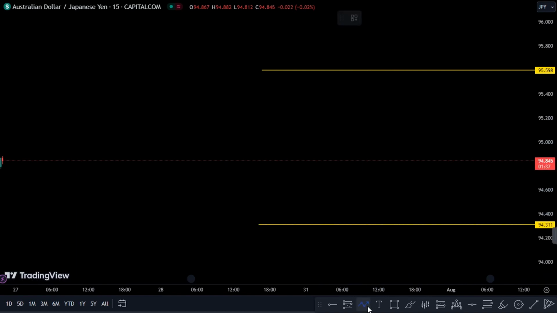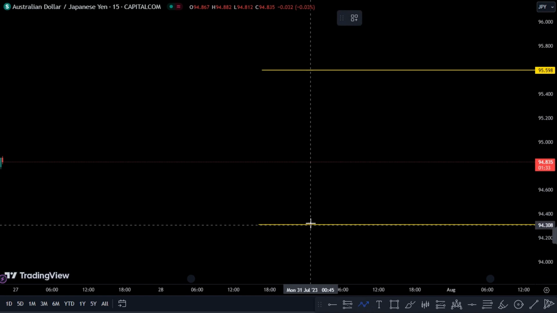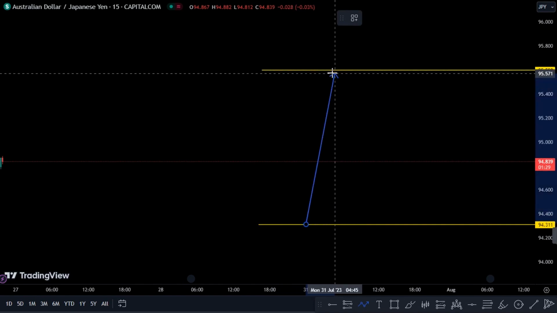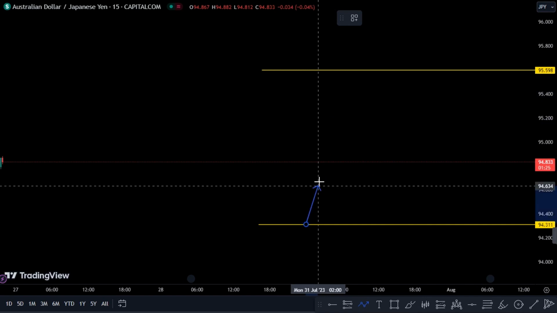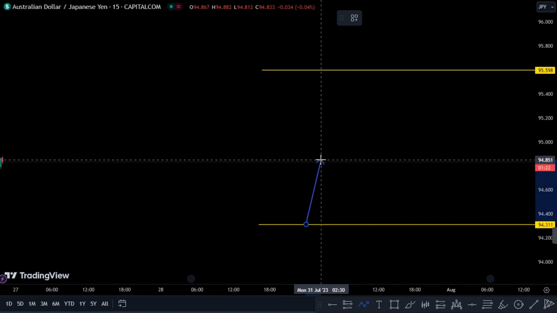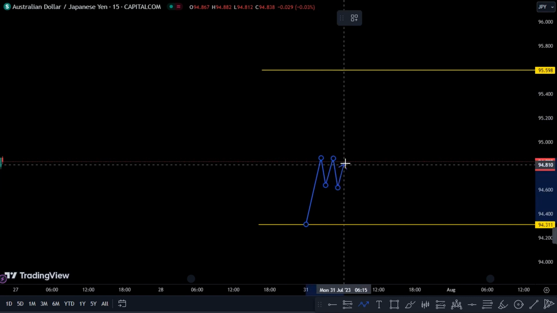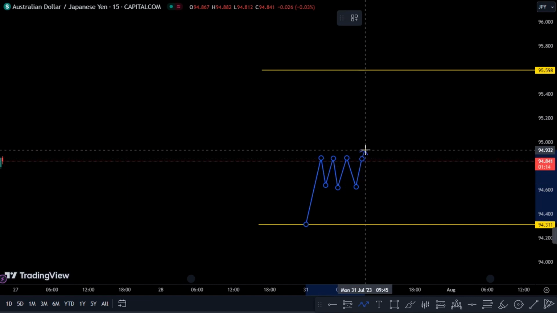So we are going to be looking for something like this. Let's say we have a market that is coming from this support structure right there and is pushing all the way towards that significant structure, which is your resistance level. It's going to push from here, and then maybe give us some type of structure like this, and this is going to be your consolidation.